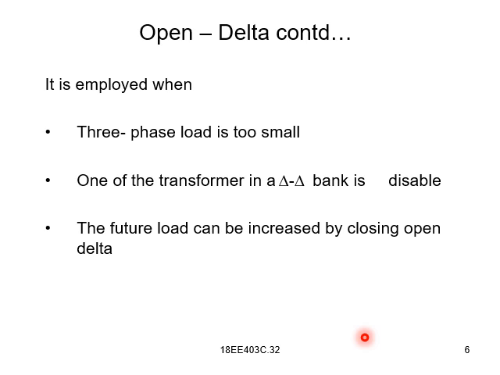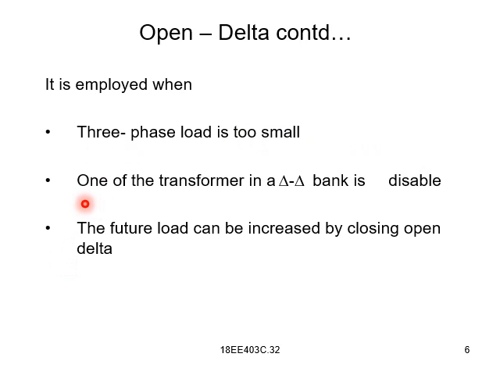So the open delta means only two phases are involved in it. That means less voltage, less load, less power, so that it may be employed to supply smaller loads. That's why the first point is that it is employed when the three-phase load is too small.